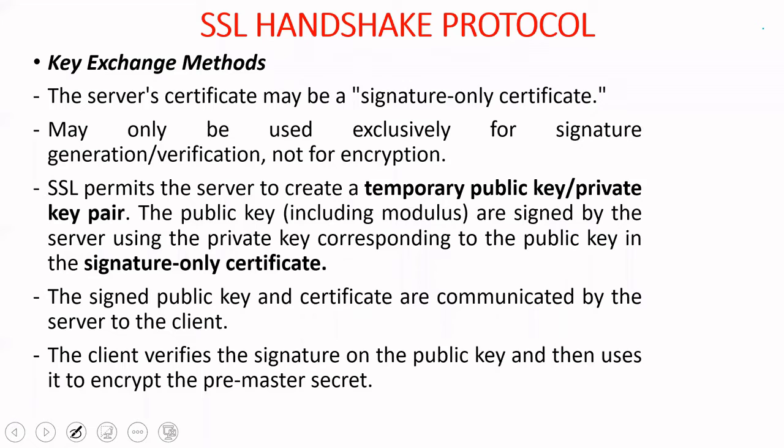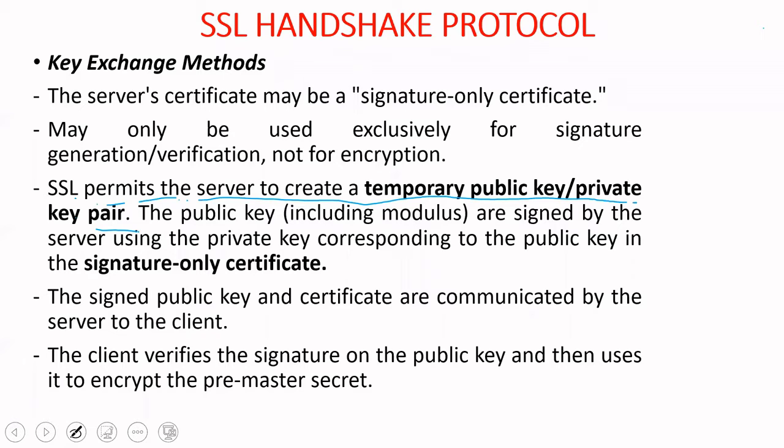The client will not be able to use this particular key for encrypting the premaster secret in step 3. So what should you do? SSL permits the server to create a temporary public key private key pair.